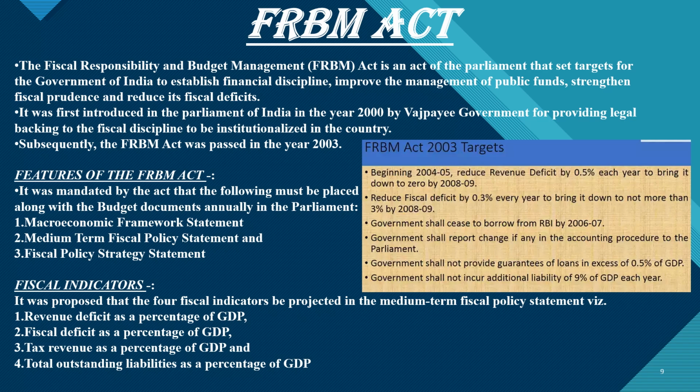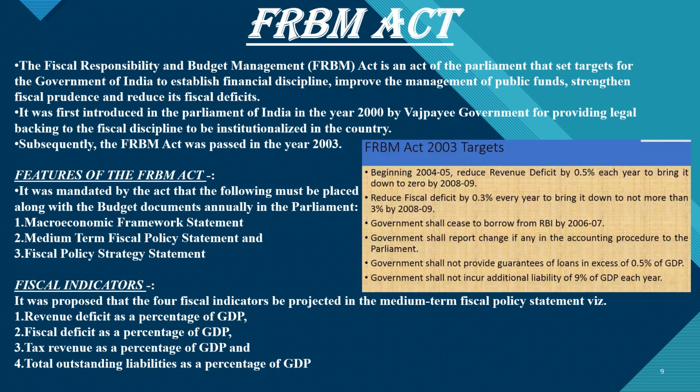It was first introduced in the Parliament of India in the year 2000 by the Vajpayee government for providing legal backing to the fiscal discipline to be institutionalized in the country, and subsequently the act was passed in the year 2003.